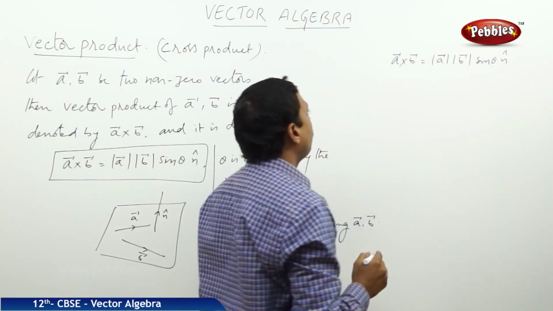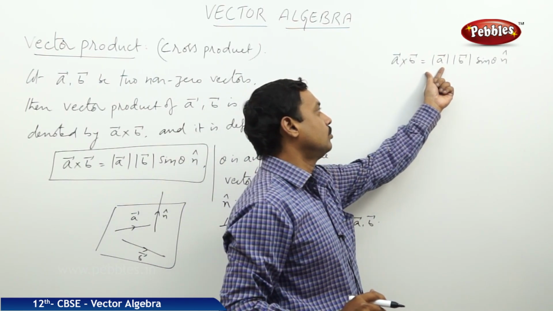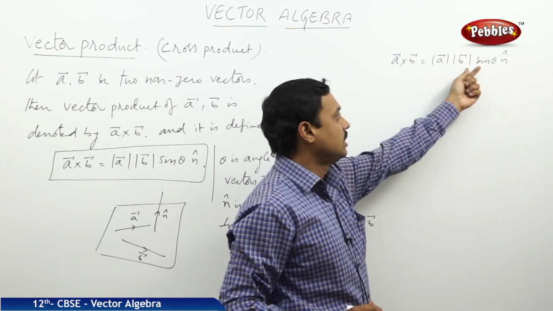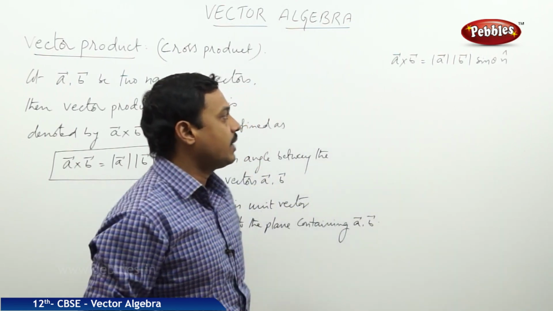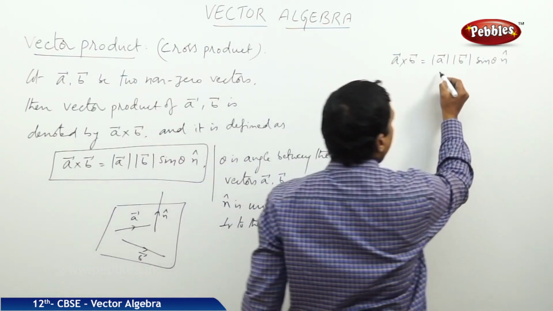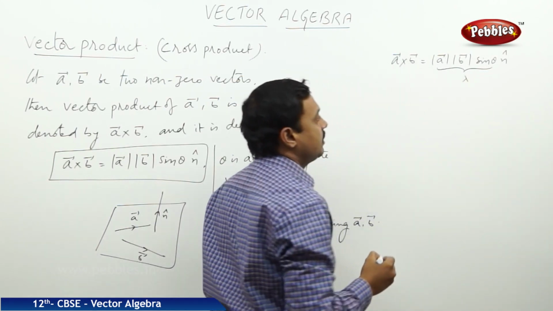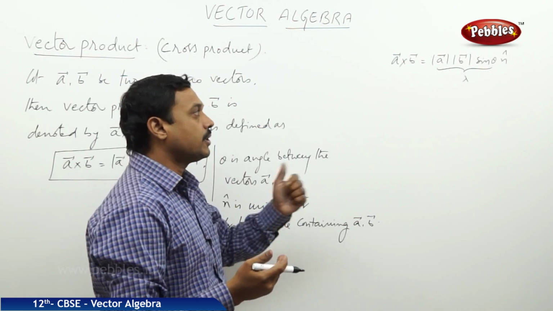We know that the modulus of A is a positive quantity. The modulus of B is also some positive number. Sin theta is a numerical value which lies between -1 and 1. That means the product of these three gives some constant, let it be lambda, into n cap. N cap is a vector perpendicular to them.